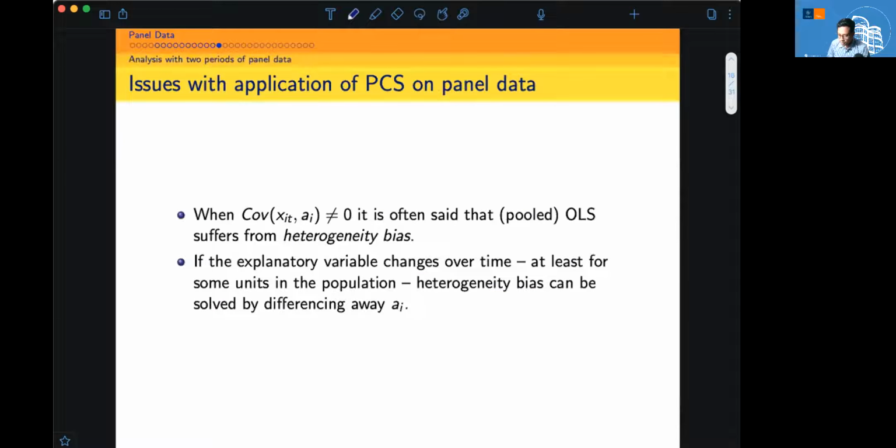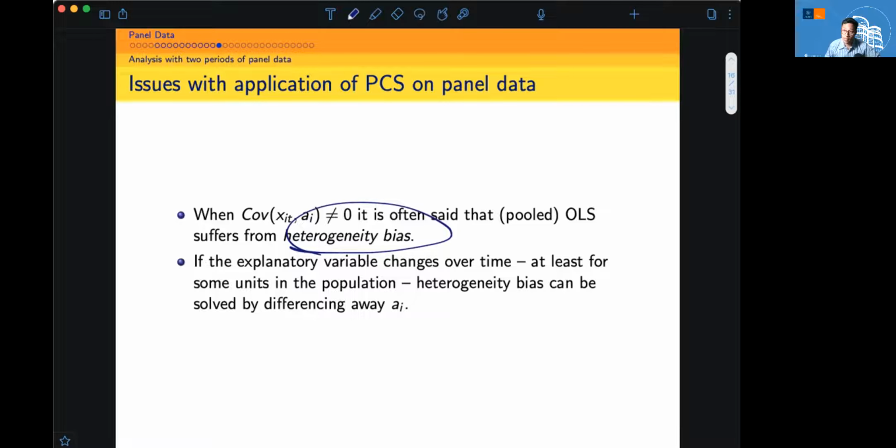Okay, so when we violate the first assumption discussed in the previous slide, we're going to get what's called the heterogeneity bias. So it's a bias due to the fact that individuals are heterogeneous, and the heterogeneity is correlated with the explanatory variable of interest.